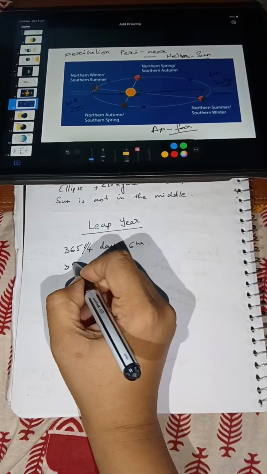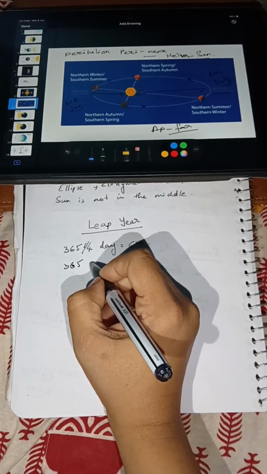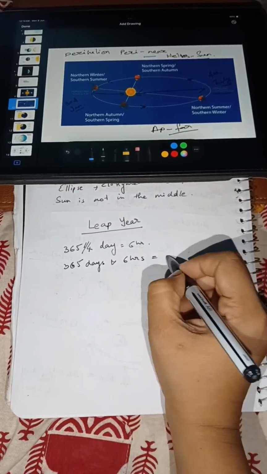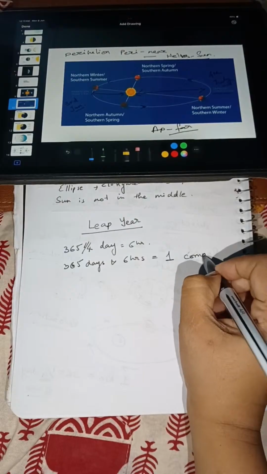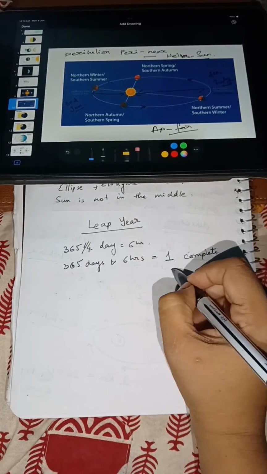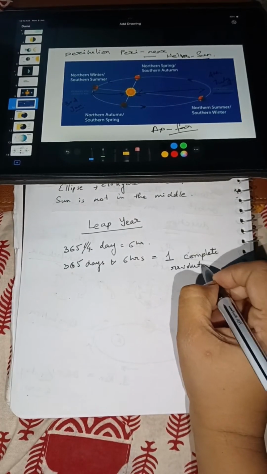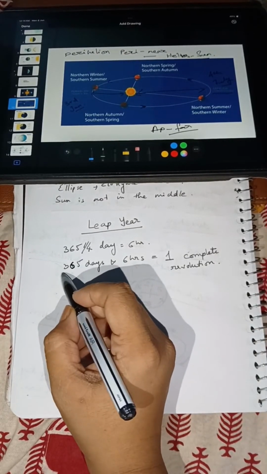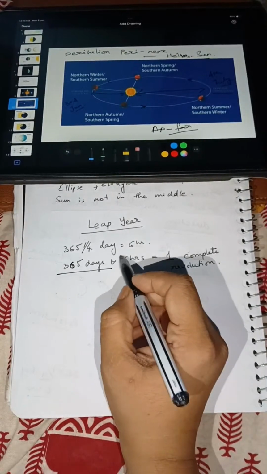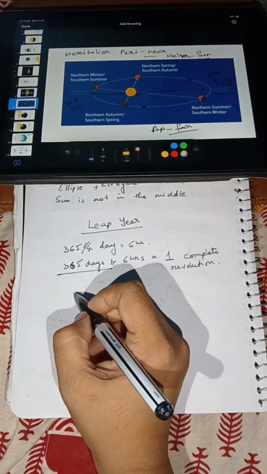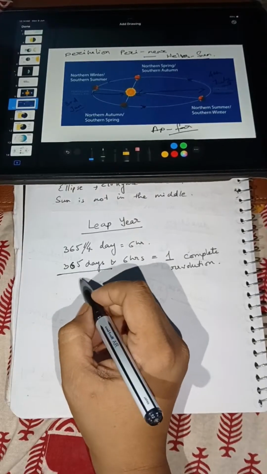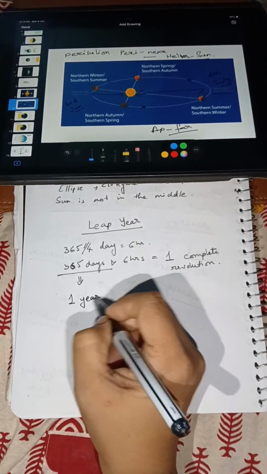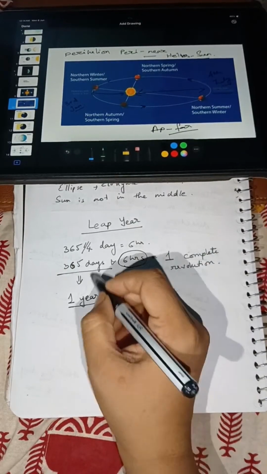So 365 days and 6 hours is one complete revolution. Now for ease of calculation, while we calculate the days of a year, we always take 365 days as 1 year, but we omit these 6 hours.